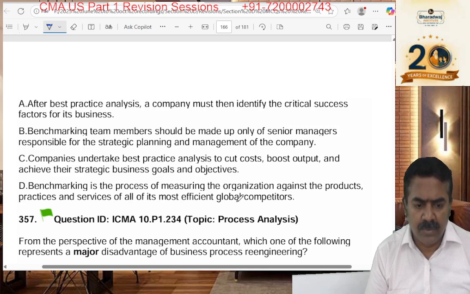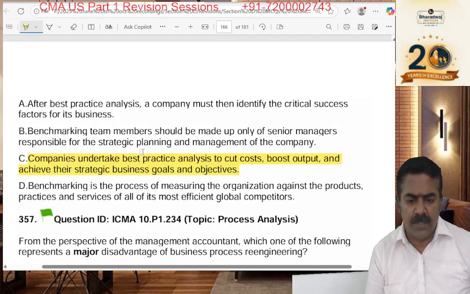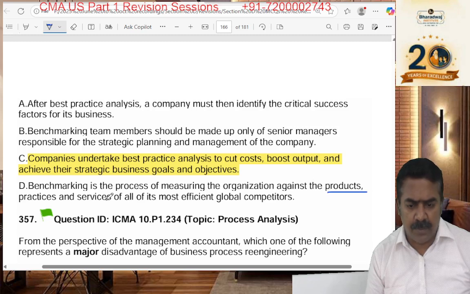No. You cut the cost, boost the output, and achieve strategic business goals. Which one? The objective is called which one? Benchmark. It is not only against products, practices, and services. Okay, so cut the cost, boost the output, and achieve which one? Strategic business goals.